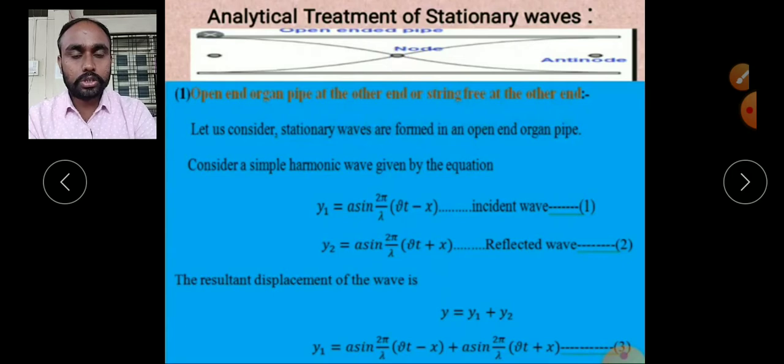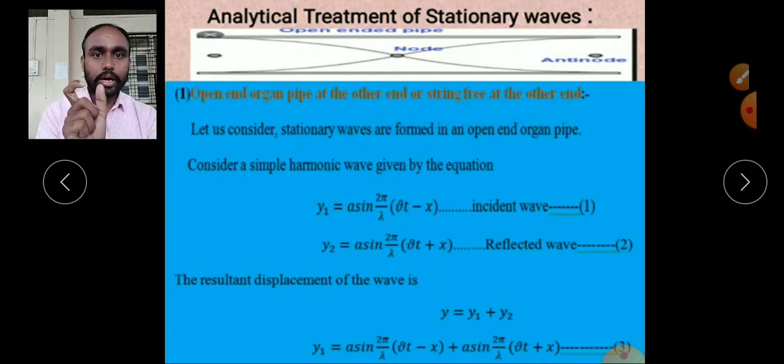As we have shown in the diagram, we just have to consider one particular wave, and the end will always give you antinode, and at the center we will always find node. So let us do some calculation, and from that we will decide where the node is present, where the antinode is present, that is, the position of node and antinode. First case: open end organ pipe, or the string open from both the ends.